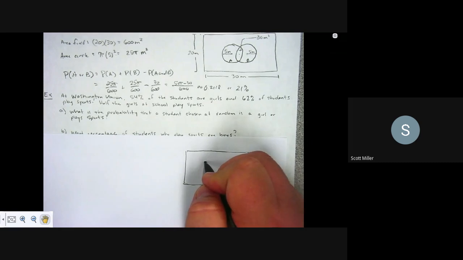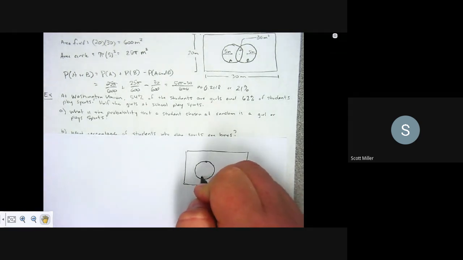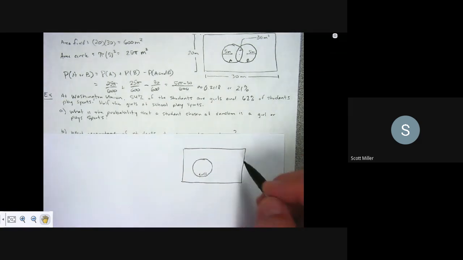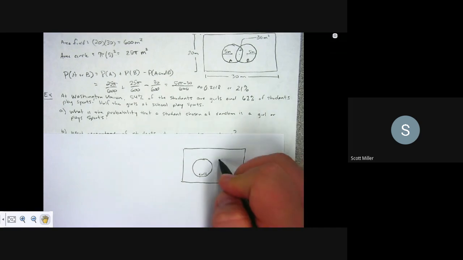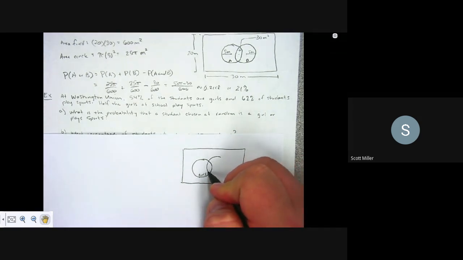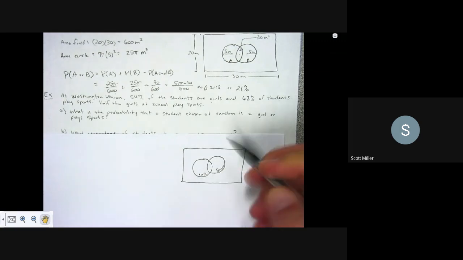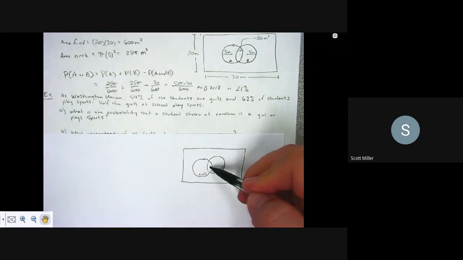So this event is the event for girls. And so the next event is going to be for sports. And so the question is, are there girls who play sports? And the answer is yes. So I know there's going to be an overlap. So this is sports. This are girls who play sports.